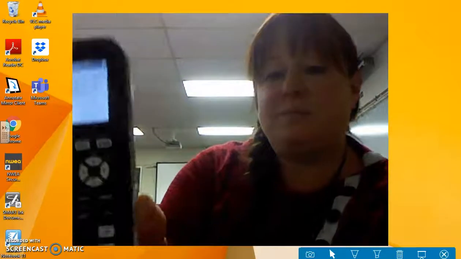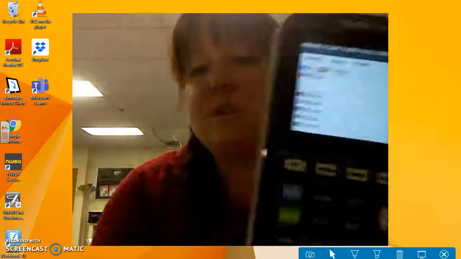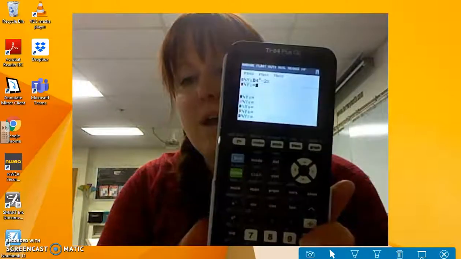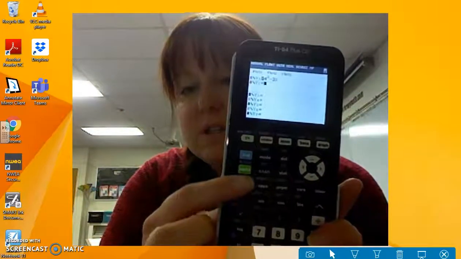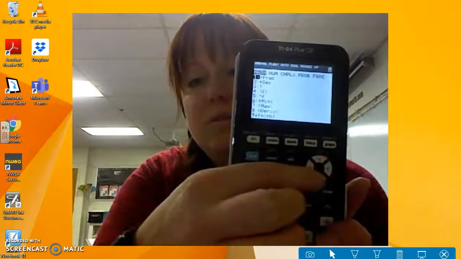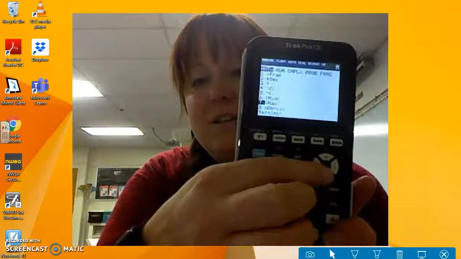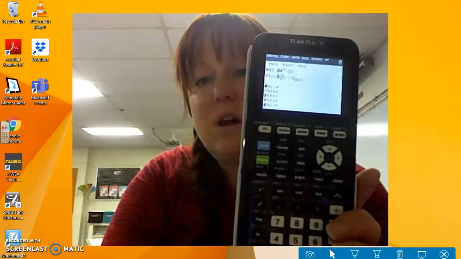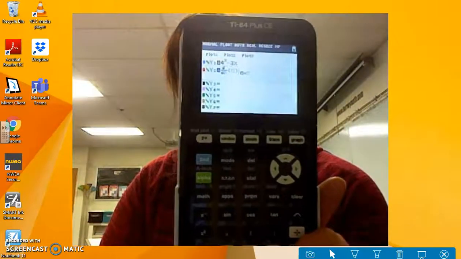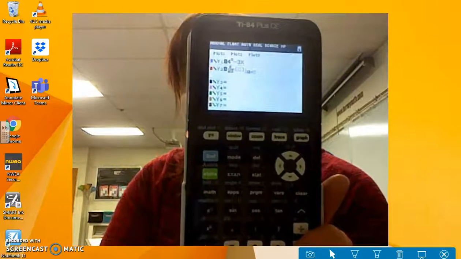So to graph it, you're going to start by pushing math, and you're going to go down to nDeriv. Okay, we're going to push enter on nDeriv, and you see how I have my derivative menu there.